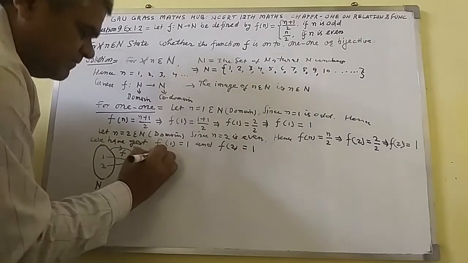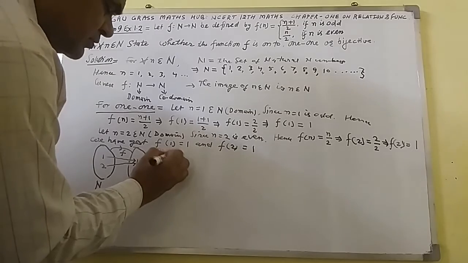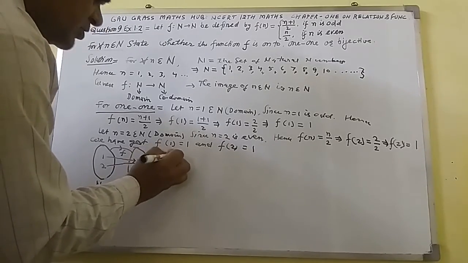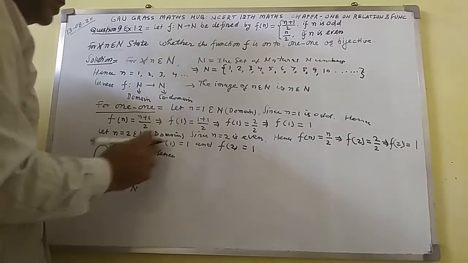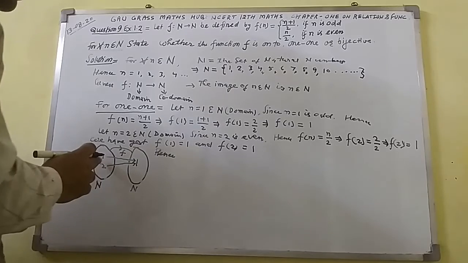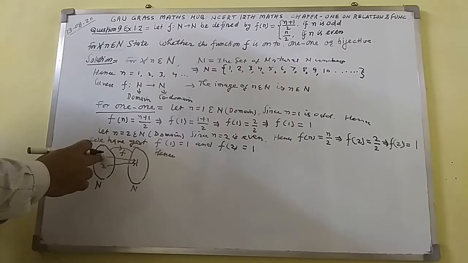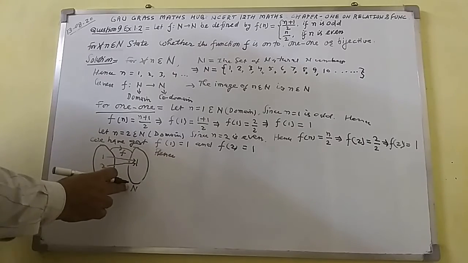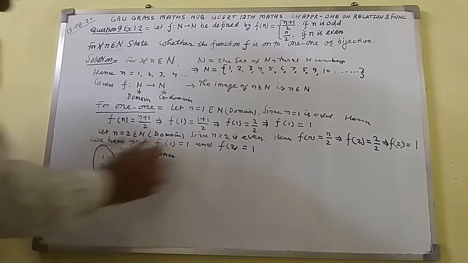So here you can see this function is a many one function. Hence you can write image of 1 is 1, image of 2 is 1. So here I have made a diagram. Image of 1 is 1, image of 2 is 1 here. So this function is many one.